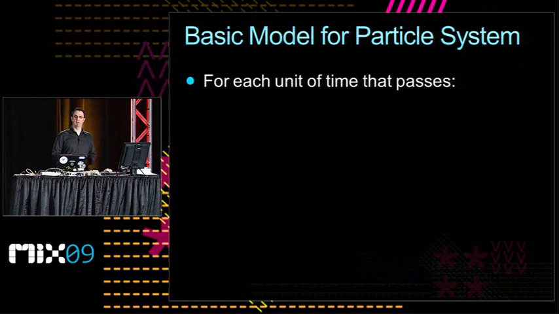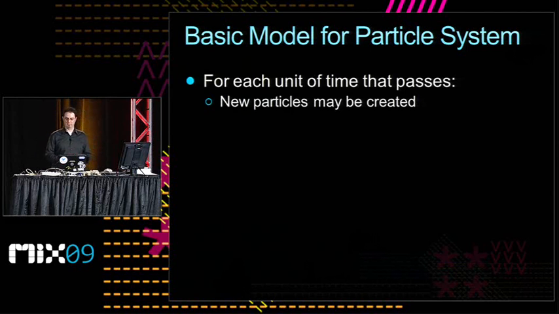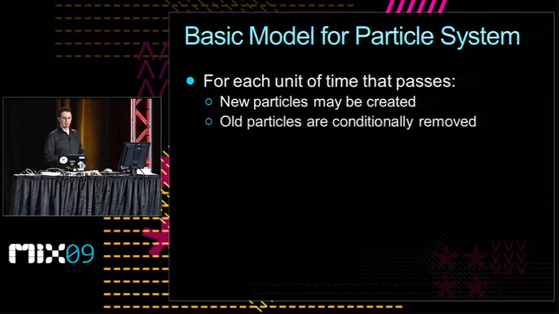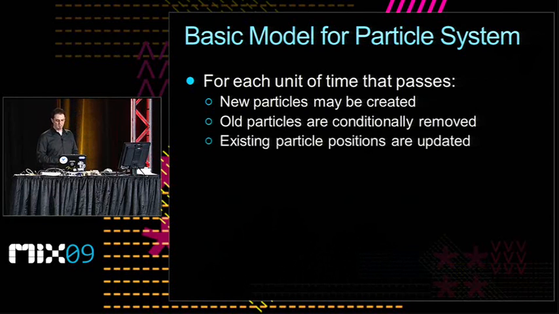For each unit of time that passes in our application, we're going to possibly create new particles based on some condition, potentially remove old particles based on some condition, typically a lifespan assigned to a particle. And we're going to update the position of our existing particles in our application.